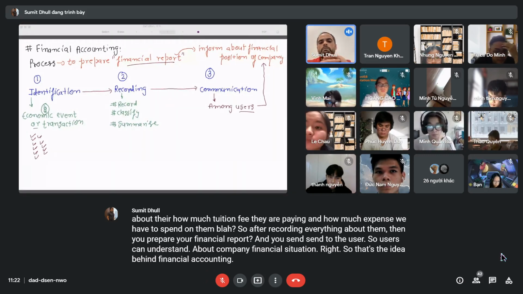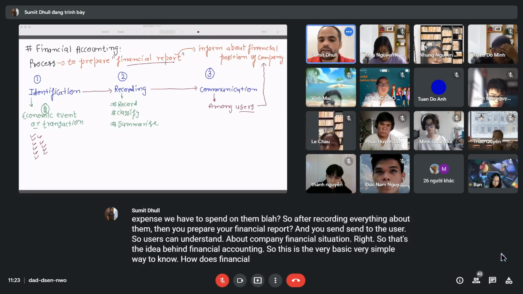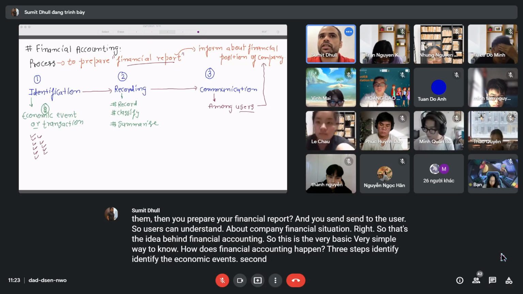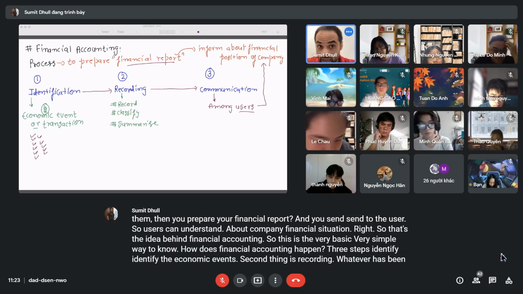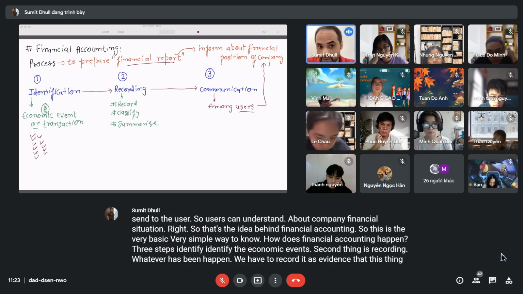So this is a very basic, very simple way to know how financial accounting happens. 3 steps. Identify the economic events. Second is recording. Whatever has happened, we have to record it as evidence that this thing has happened.